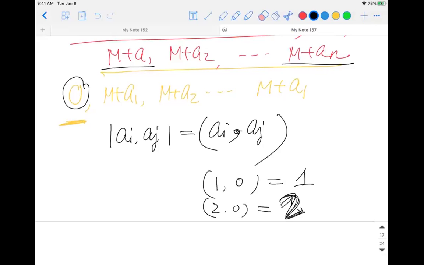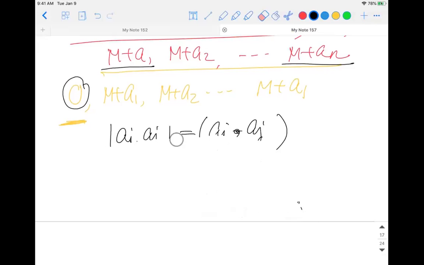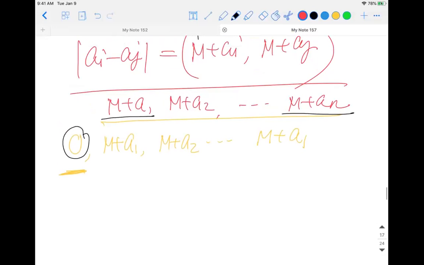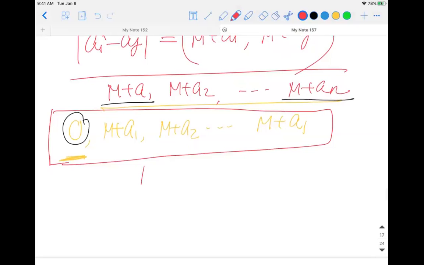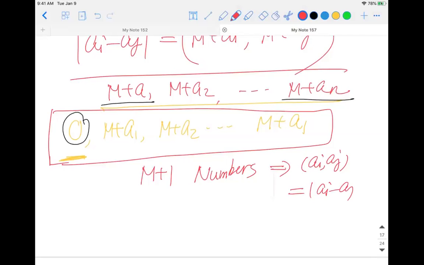So plus m plus a0, I will be able to figure out that these n plus 1 numbers will also hold for AI minus AJ, right? So far, so good?